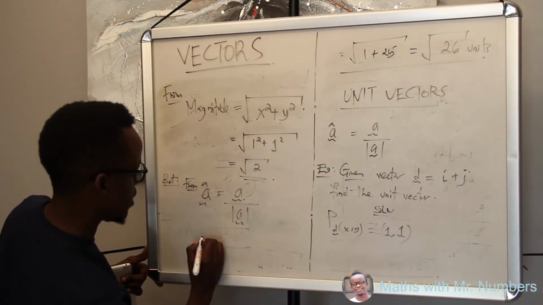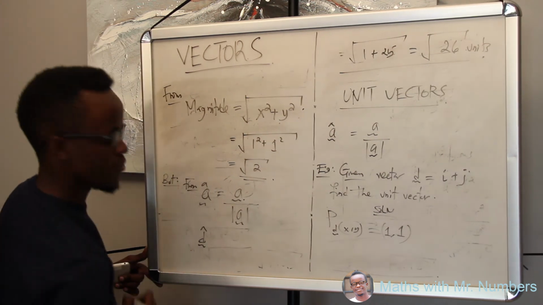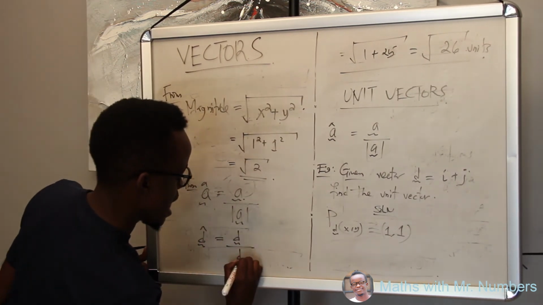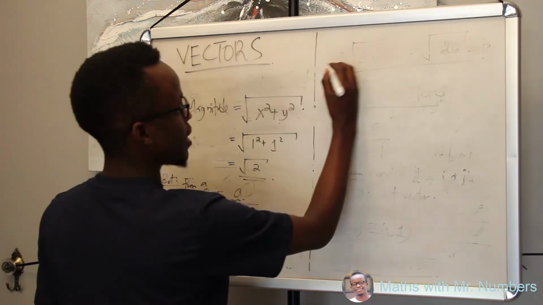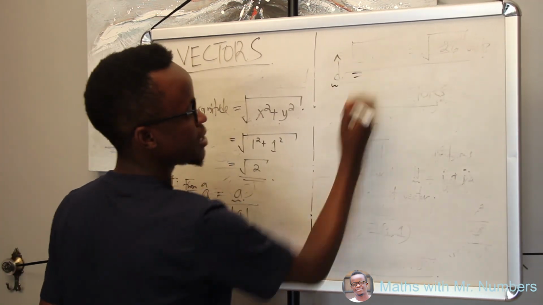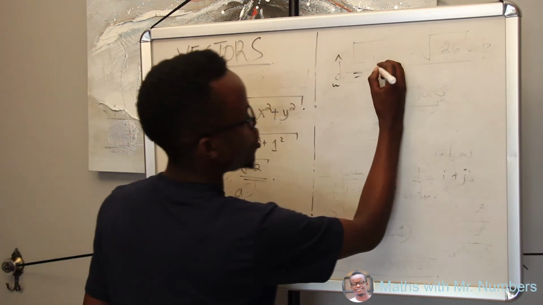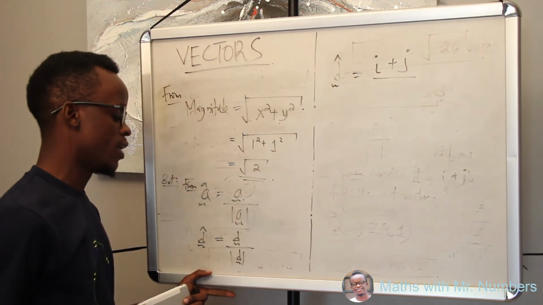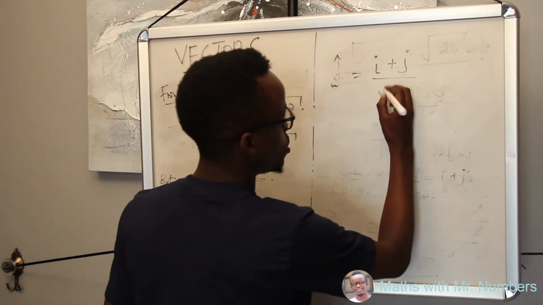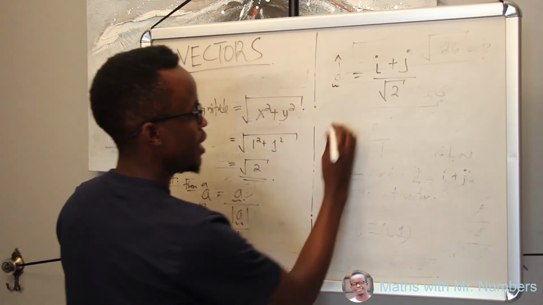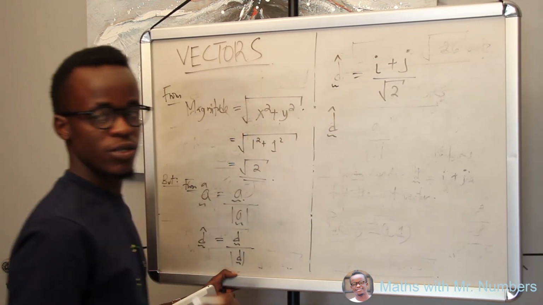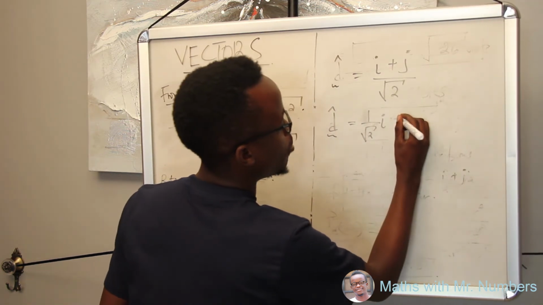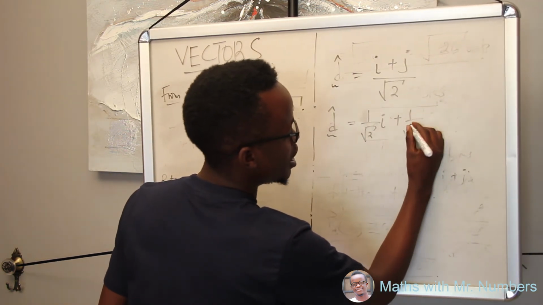Since we have the vector D, the unit vector of D equals the vector D divided by the magnitude of vector D. Therefore, the unit vector of D equals the vector D, which is i plus j, divided by the magnitude of vector D, which is root 2.